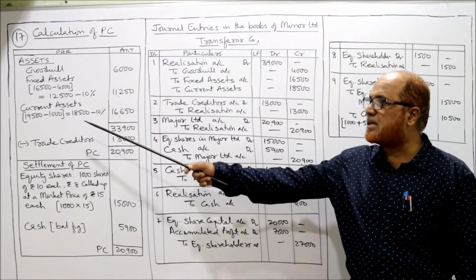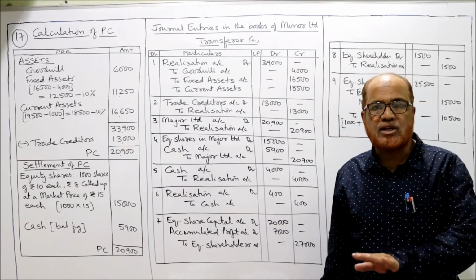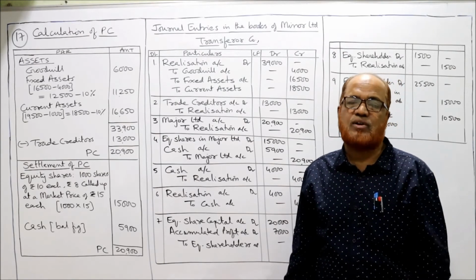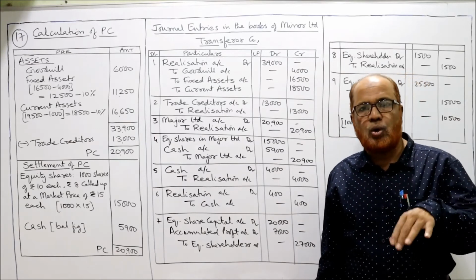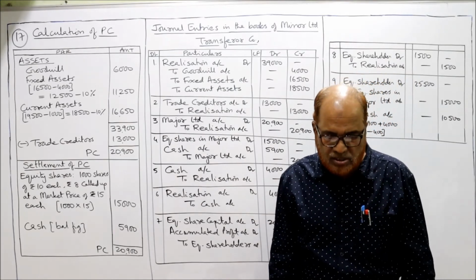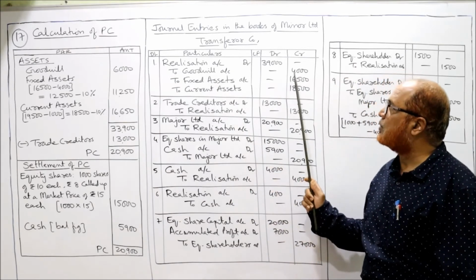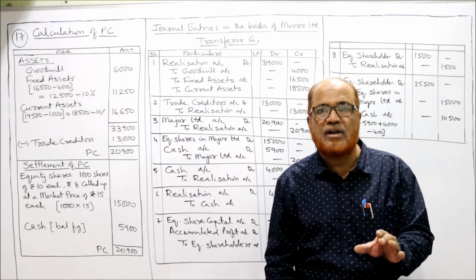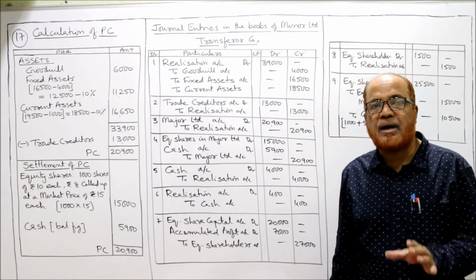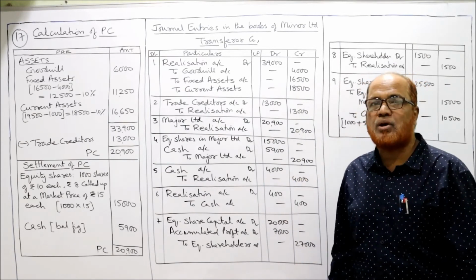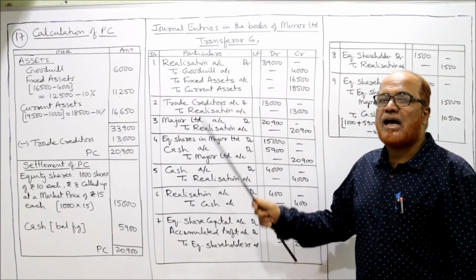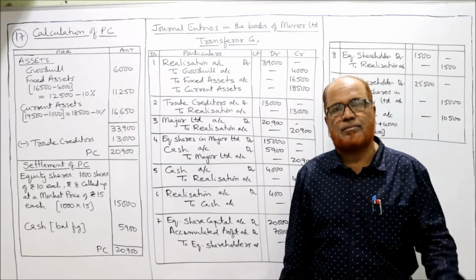In our problem, 1,000 rupees cash was not taken over, so cash should not be taken. Whereas other assets, whether taken over or not, should be transferred to realization, except cash. So the values given in the balance sheet of Minor Limited: goodwill 4,000, so to goodwill 4,000, and fixed assets given 16,500 in the balance sheet, complete 16,500 I have taken. Current assets it is given 19,500, but I am taking only 18,500 because 1,000 cash not taken over, don't transfer. Take the total of these three, 39,000. Being the assets transferred to realization, first entry.